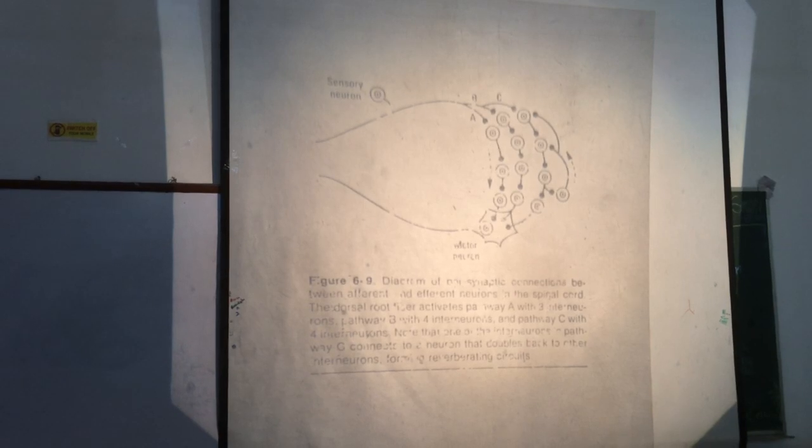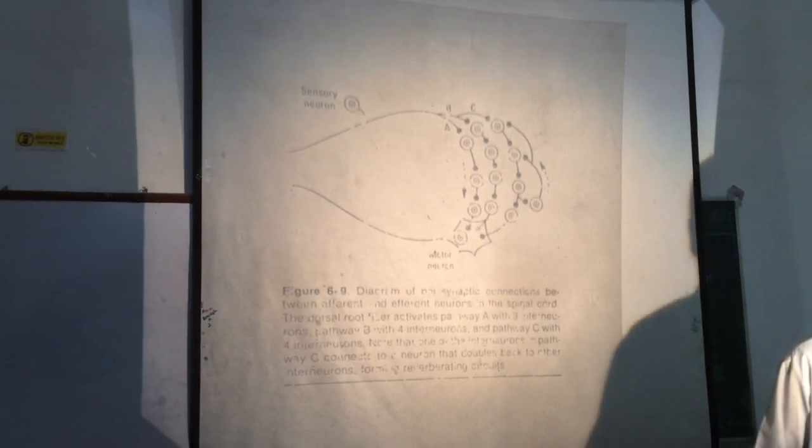Discharge of impulses from the motor neuron continues. This is called after discharge. After discharge is because of the delay path or longer path.